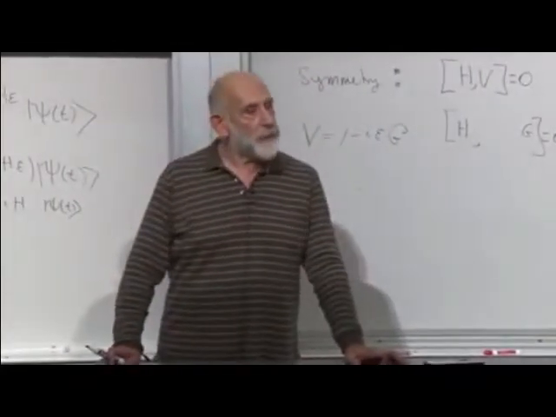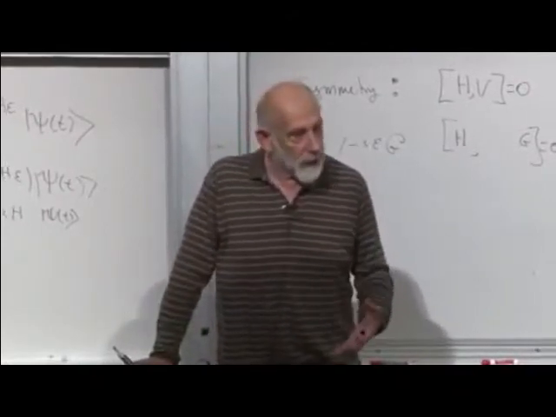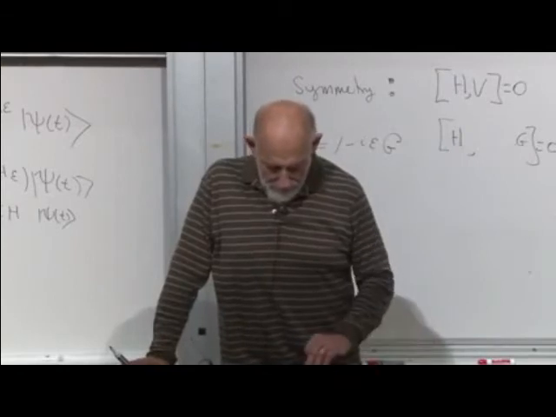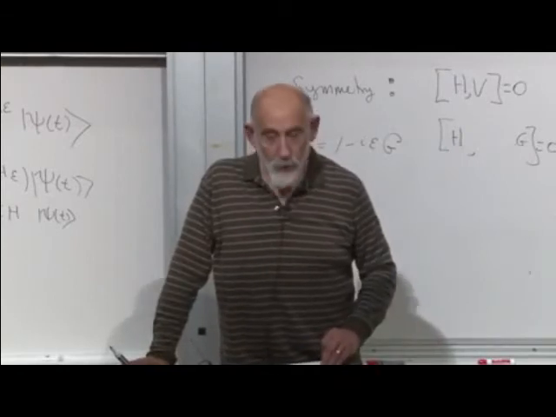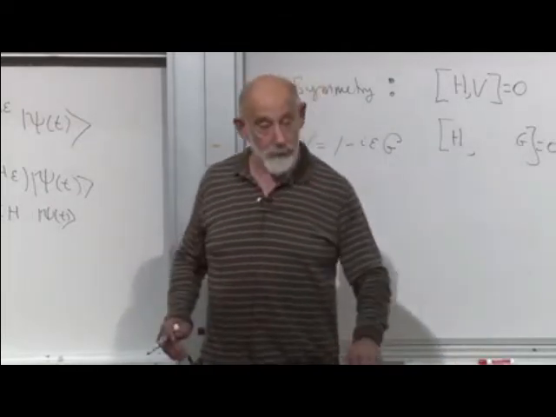All right, now this was very abstract, and so we need to do an example or two to get the idea. Let's do an example, and let's begin with translation. Translation of a particle from one place to another.